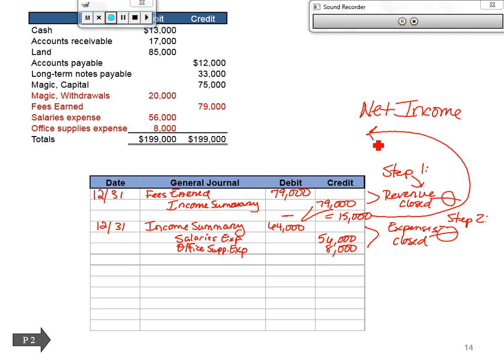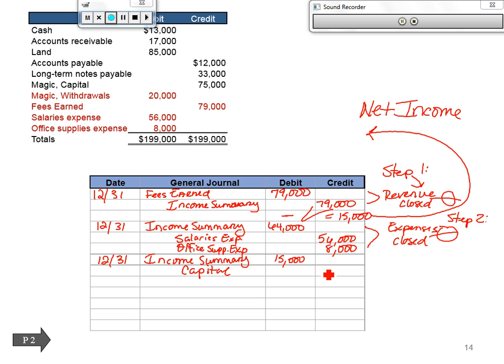So we're going to debit income summary and credit capital. And what amount? We just talked about it: 15,000, because that's what's in there, right? 79 minus 64 equals 15,000.